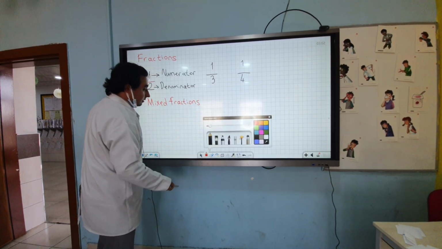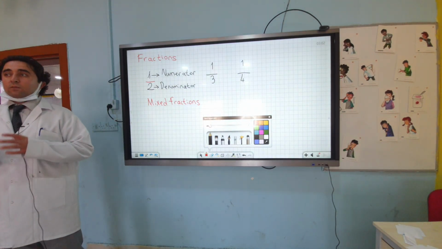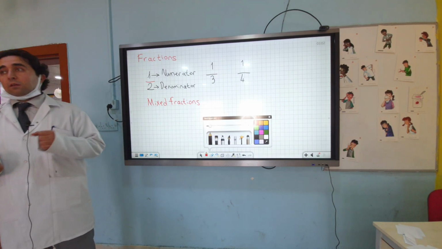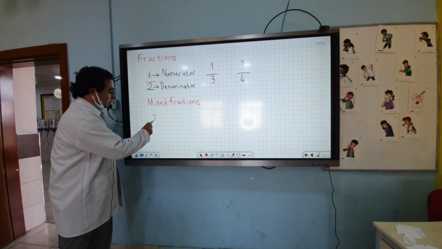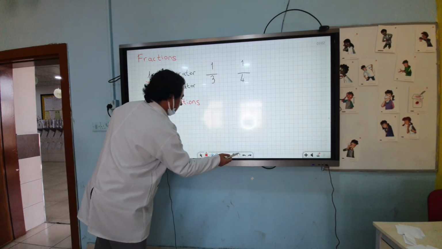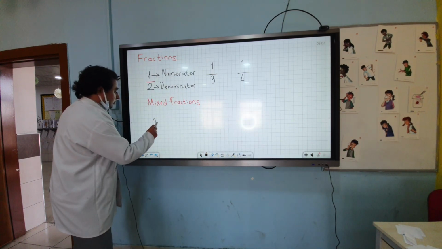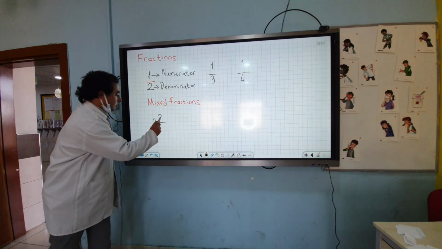Then with mixed fractions, we take a number and a fraction. Let's say 2, let's change the color, 2 wholes, 3/4.